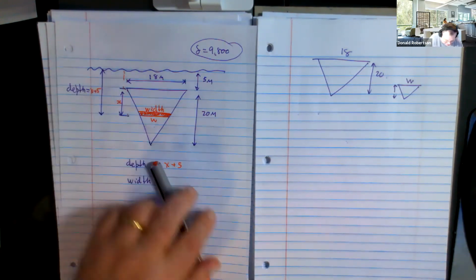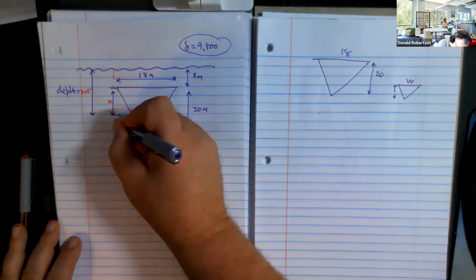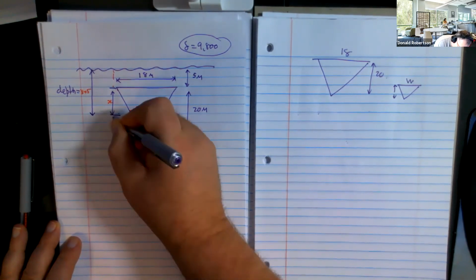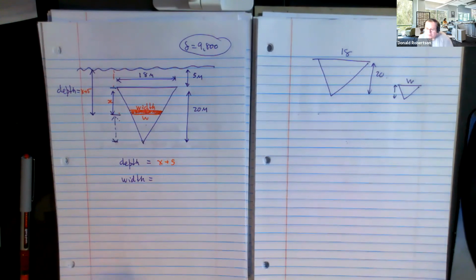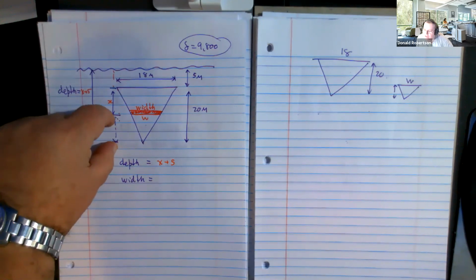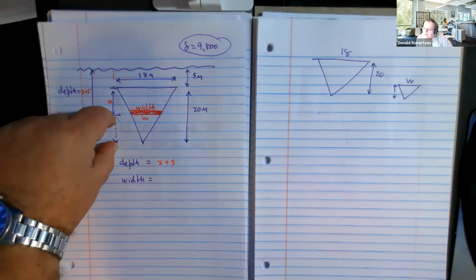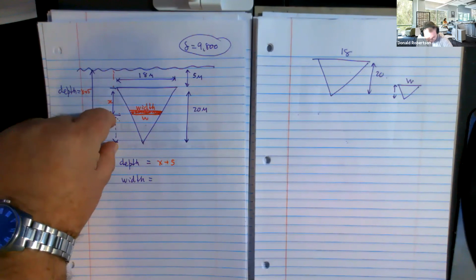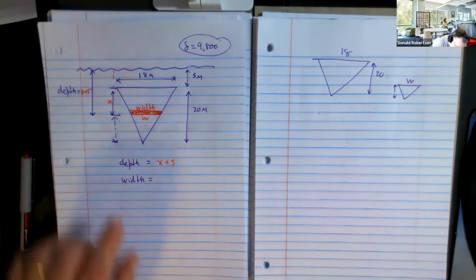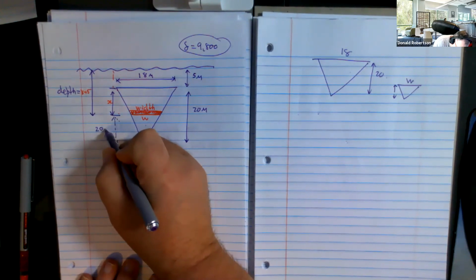Well, if that bit is X and the bit I want to know is actually the other piece, shouldn't we be able to figure it out like we did last time? If this is X, won't this piece be 20 take away X? Right? If this piece is X and the whole thing is 20, the piece that is left is 20 take away X.